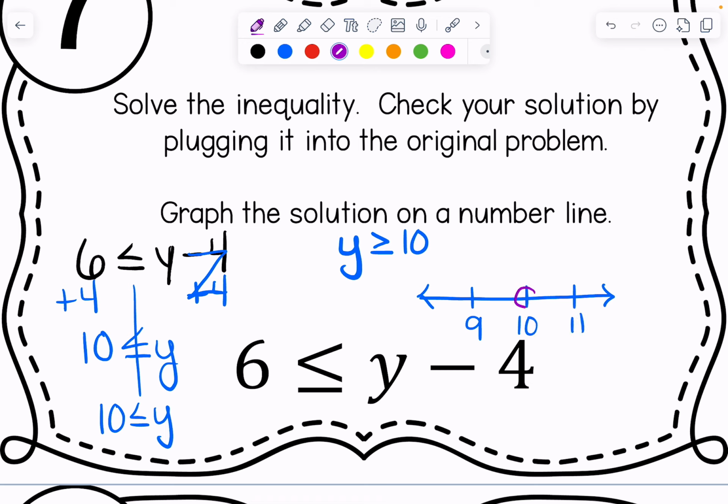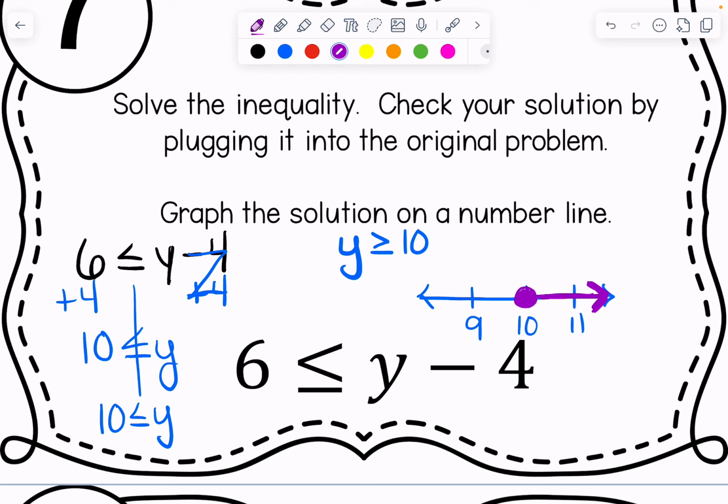This time I'm comparing y to 10, so I'm going to have a circle at 10. This time it'll be a closed circle because y can equal 10, and y is greater than 10, so I'm going to shade all of my values to the right of 10.